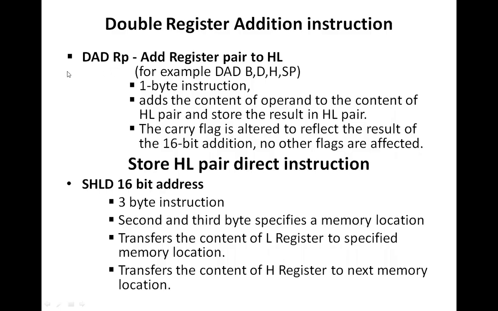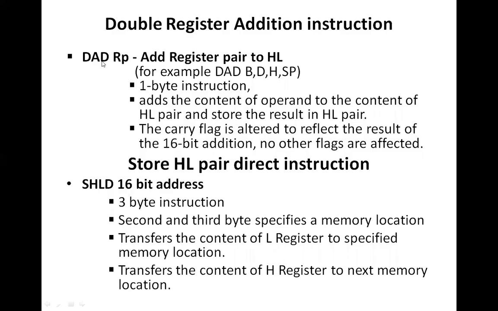The purpose of this instruction is to add the register pair to the HL pair, meaning it is going to add two 16-bit numbers available in the HL pair and the other register pair. RP stands for register pair, where RP can be the BC pair, the DE pair, the HL pair, or the stack pointer.